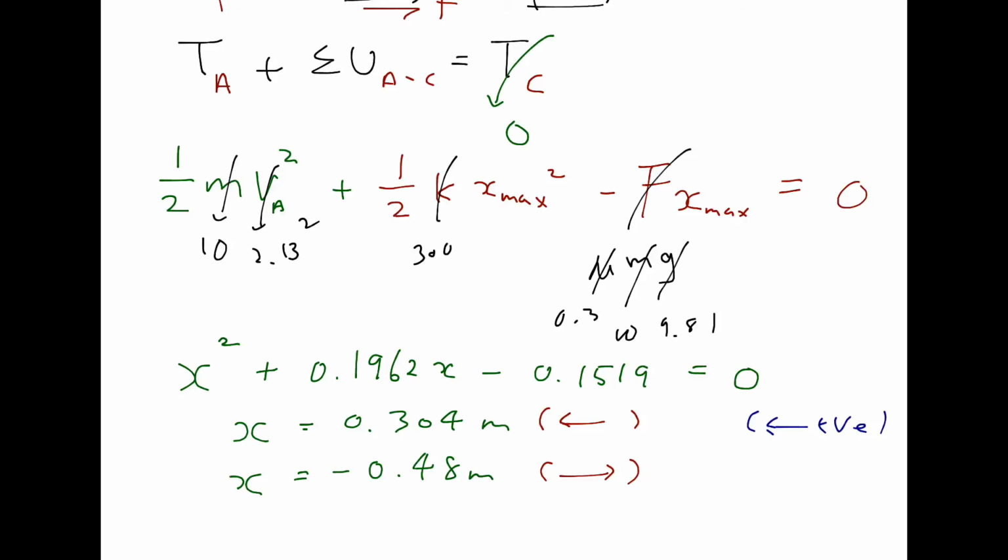So if I want to look for the answer that describes my situation, definitely the answer will be this, because logically it's moving backward. So by that, we also solve part B. And the maximum distance that it will travel will be 0.304.